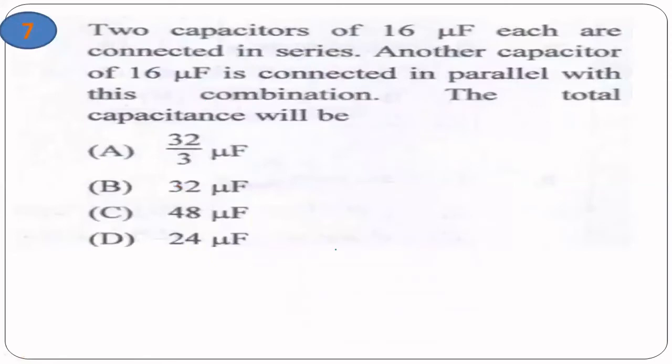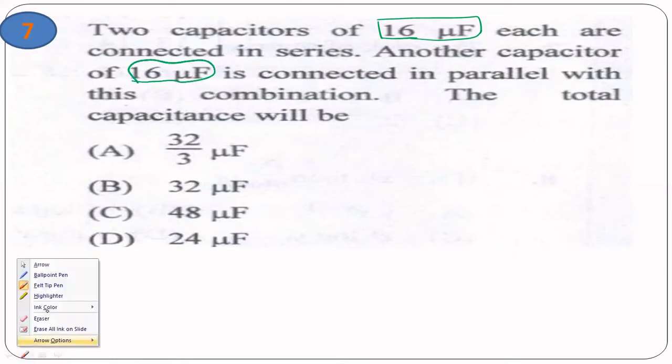Two capacitors are connected in series, and this series combination is again connected in parallel to another capacitance of 16 microfarads. We need to calculate the total capacitance of this combination.